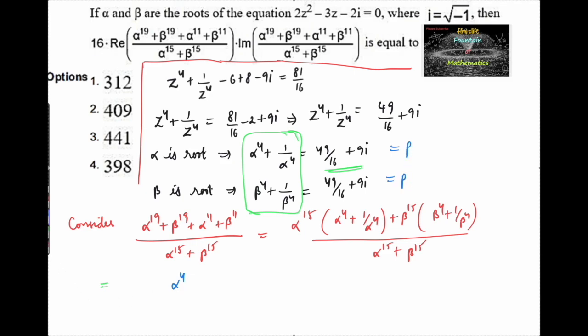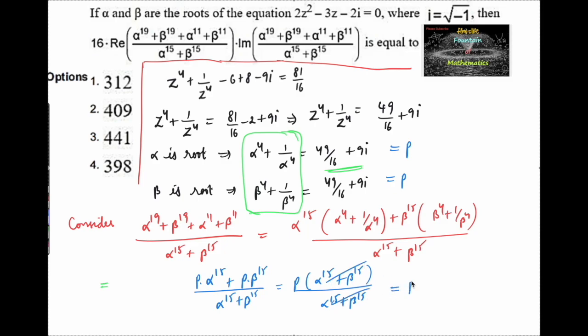So we can write p into α^15 plus p into β^15 divided by α^15 + β^15. So p taken common, α^15 + β^15 divided by α^15 + β^15, so the value is p. P is nothing but 49/16 + 9i.